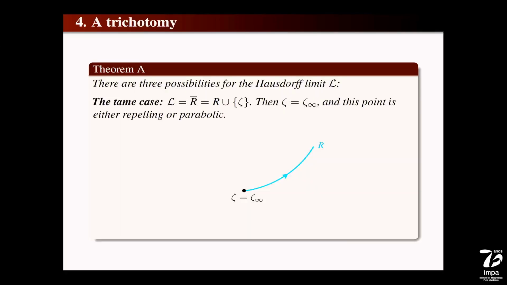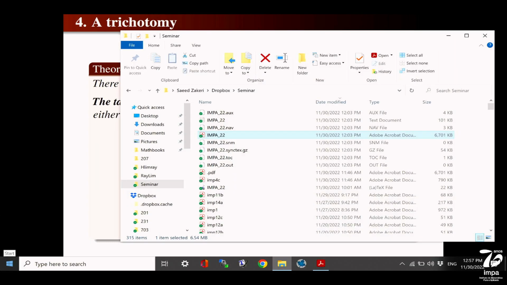So the three cases that can happen to this Hausdorff limit L. The first case that we call the tame case is when L is just the closure of the ray R. Remember, zeta was the landing point of R, and zeta infinity is the limit of the landing points zeta n.